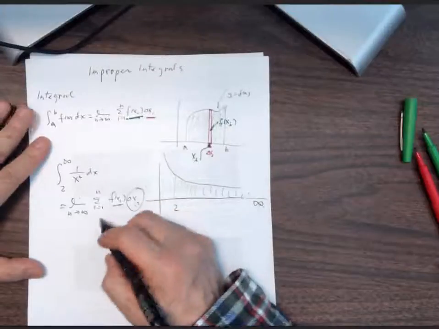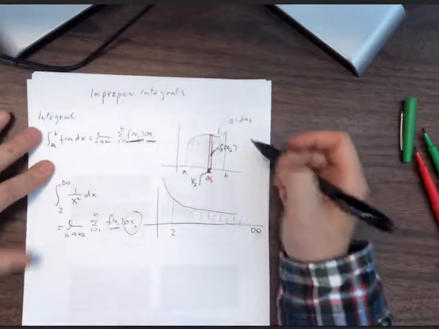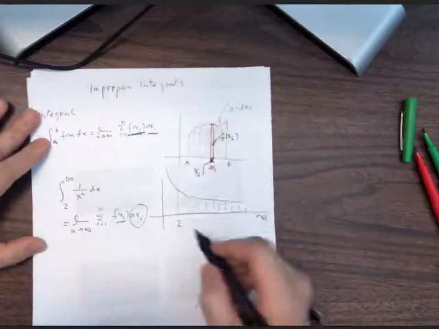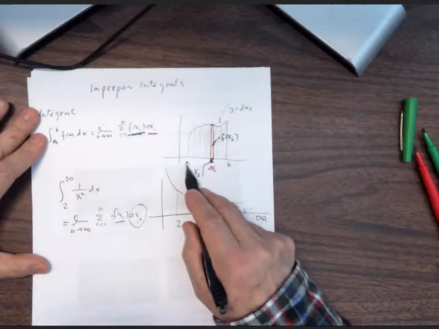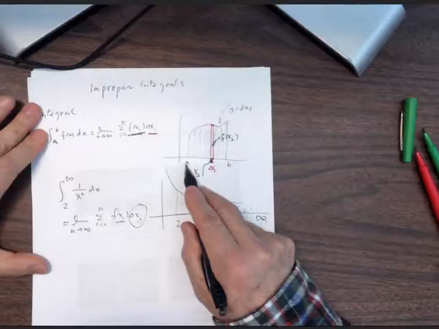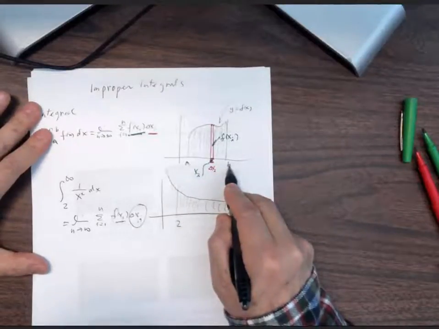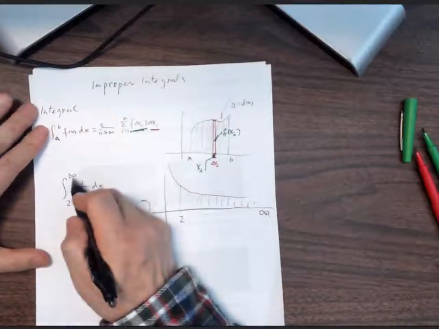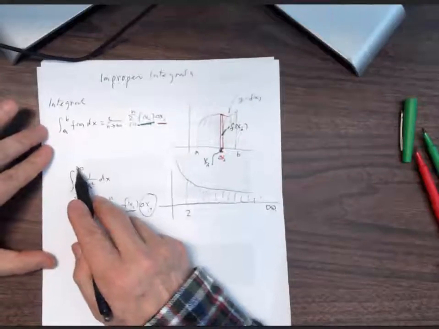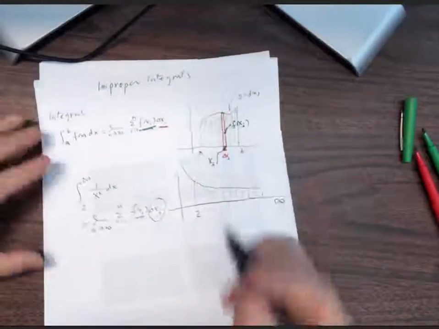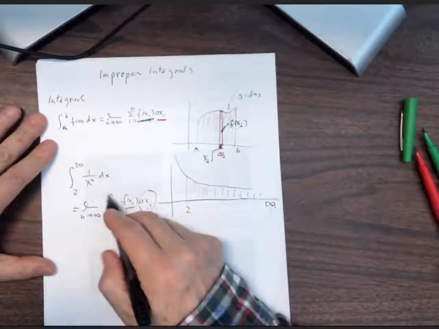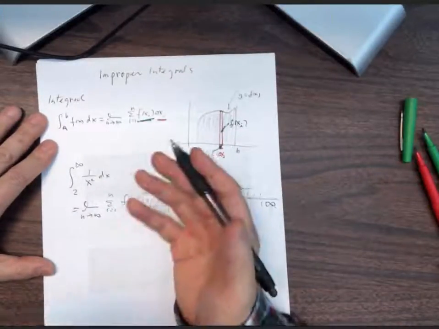So we cannot do the problem the way we would with a finite interval a to b. So the problem is the upper limit in such an interval is infinite. This makes this integral improper.